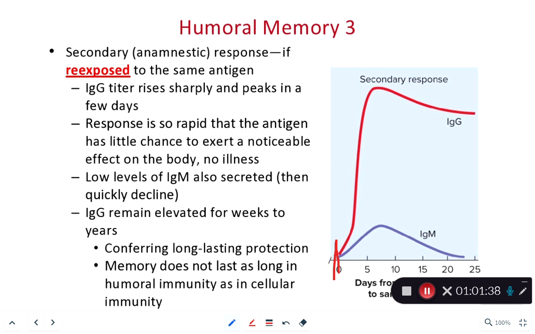And instead of having just a little bit of immunoglobulin M and a little bit of immunoglobulin A, we have incredibly high concentrations of immunoglobulin G being pumped out nearly instantaneously, in less than a quarter of a day, after we have re-exposure.